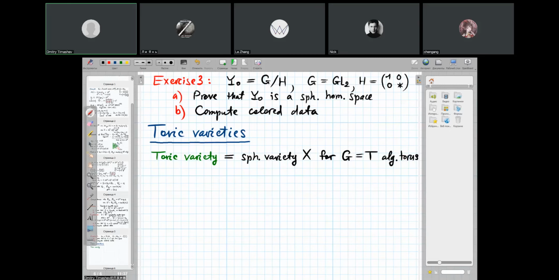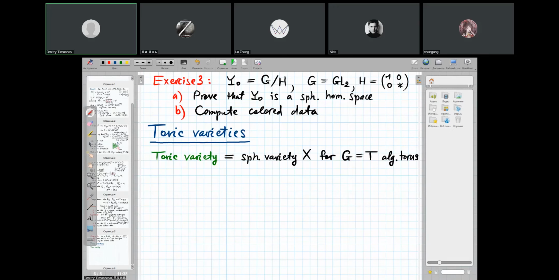The class of toric varieties is maybe the most explicit and easily accessible among general spherical varieties. Their theory deserves maybe a separate lecture course, but we just explain how toric varieties fit in the general picture of spherical varieties.